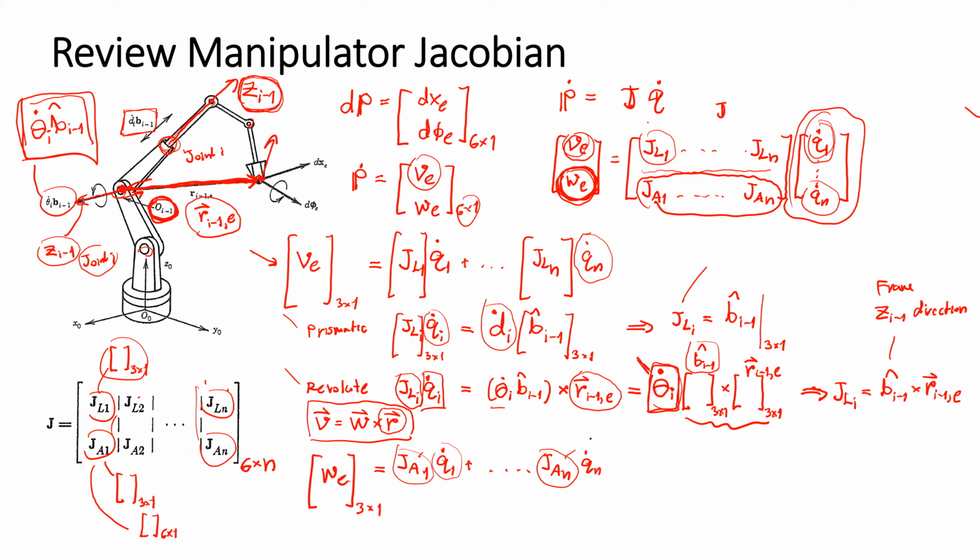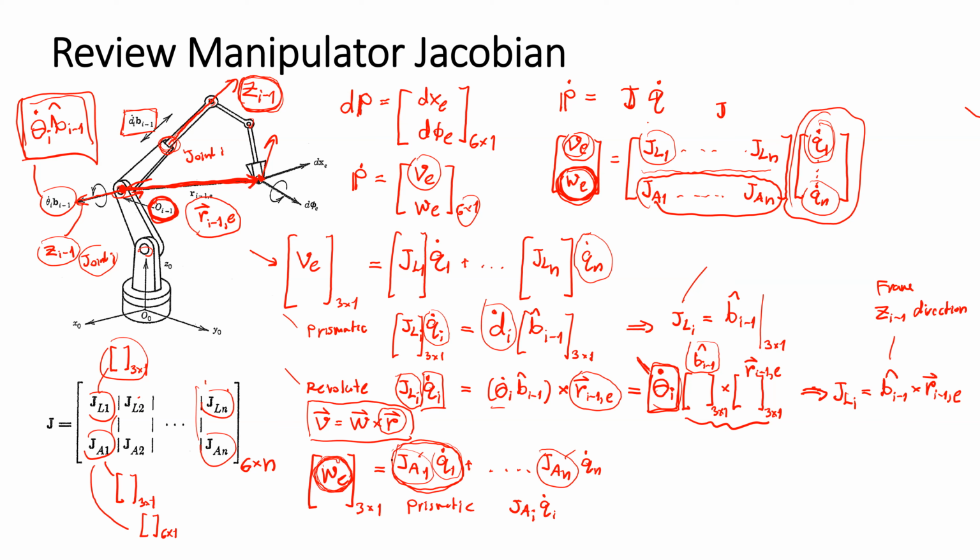So if the joint is prismatic, the J A I multiplied by Qi dot. If the joint is prismatic, do you think the joint will create any rotational speed at the end point or not?